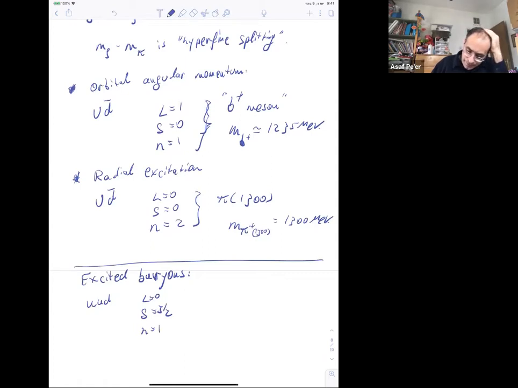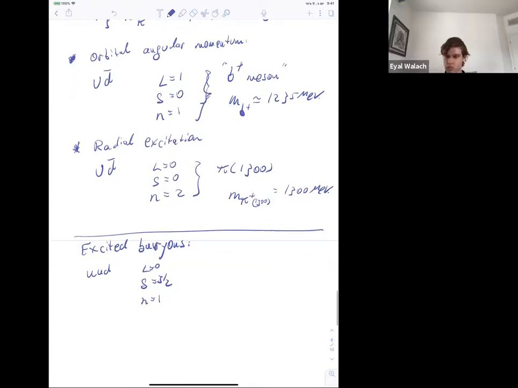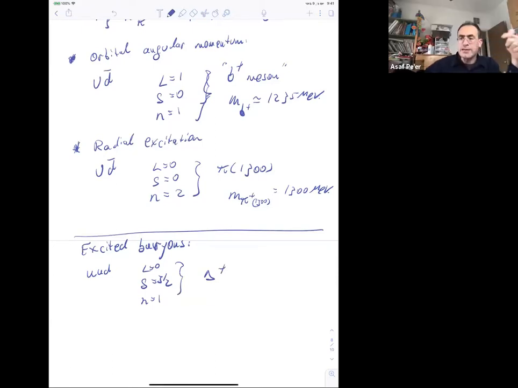The spin of the proton is 1/2, right? So this would have spin 3/2. This is known as the delta particle. So an excited state of a proton is called a delta. It's excited in terms of spin.